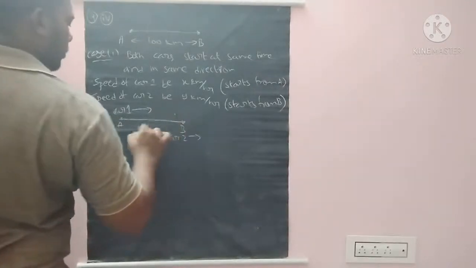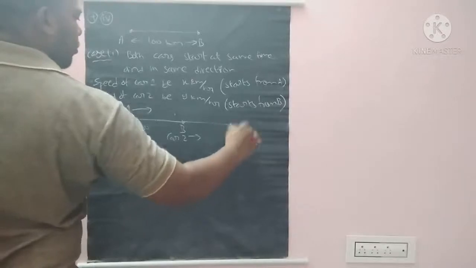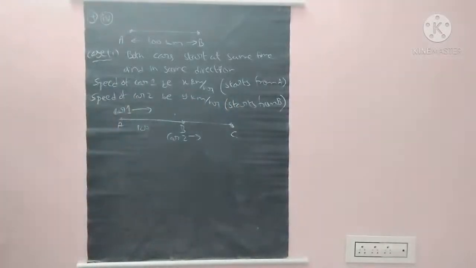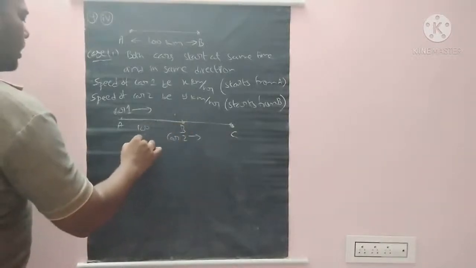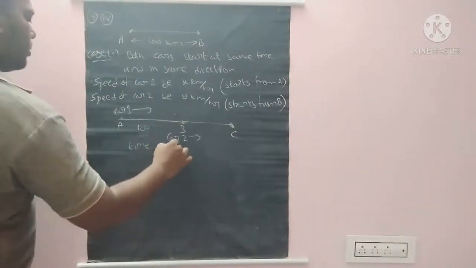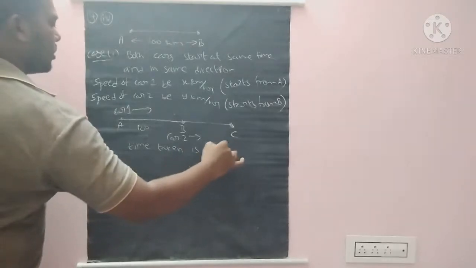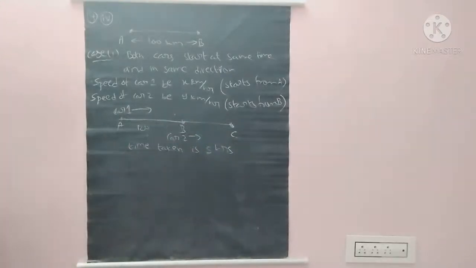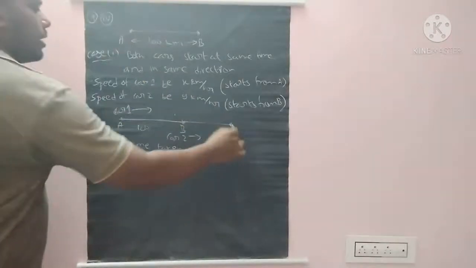So both will reach at some point C after 5 hours. So the time taken is 5 hours. So after 5 hours of traveling, they both met at some point C.